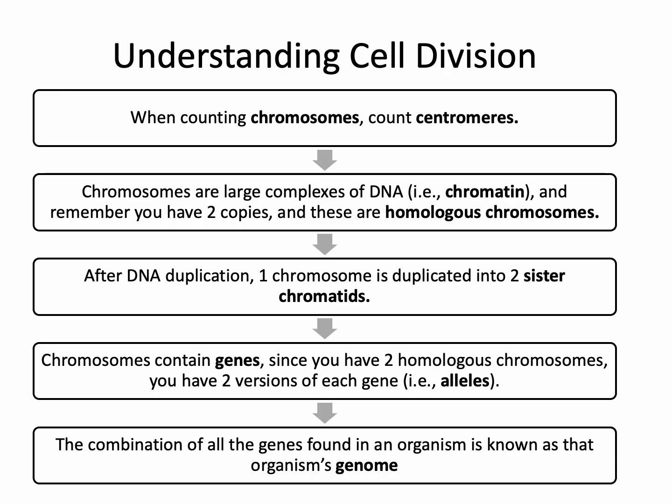The other thing to remember is that on chromosomes there are genes. When you have a pair of homologous chromosomes, one maternal and one paternal, those different versions of the gene, the alleles, are found on those different chromosomes. So it gives you an idea of physically where these things are located.